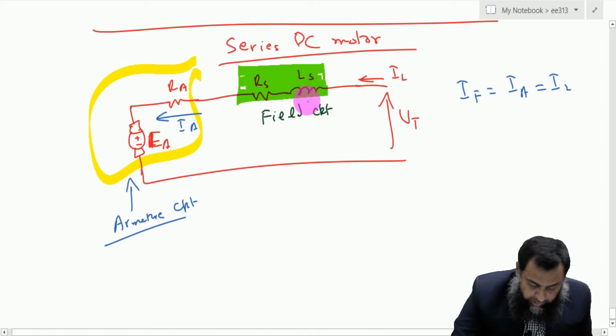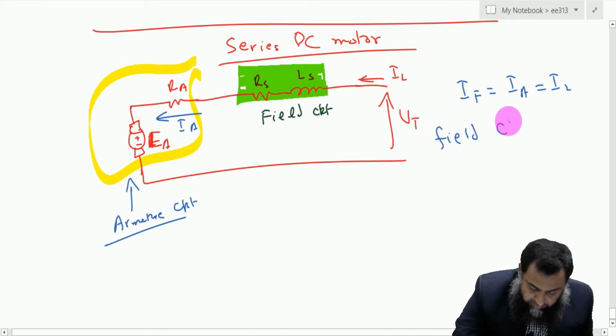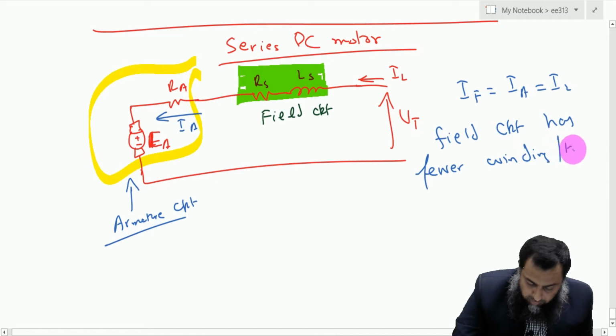The first thing is that this field circuit has fewer turns compared to the shunt motor.